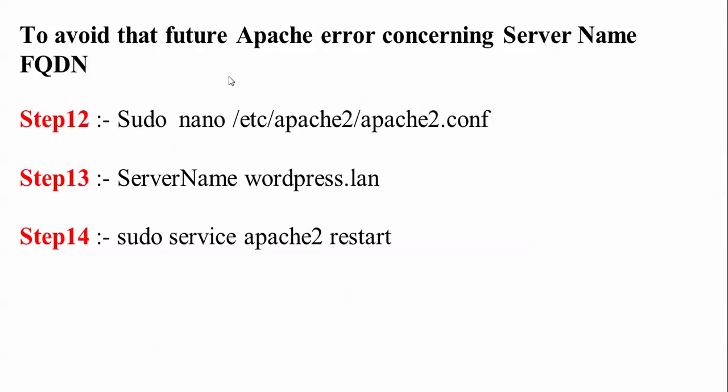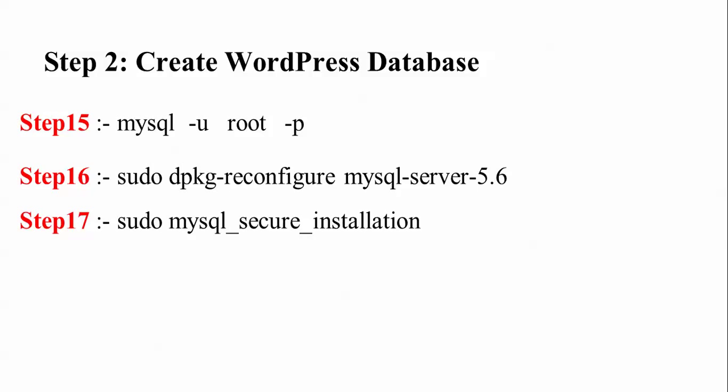Now I am going to avoid any future Apache errors with a consistent server name, that means a fully qualified name. With steps 12, 13, 14 we just edit this, set the configuration, and then restart Apache again. After that we need to create a WordPress database.